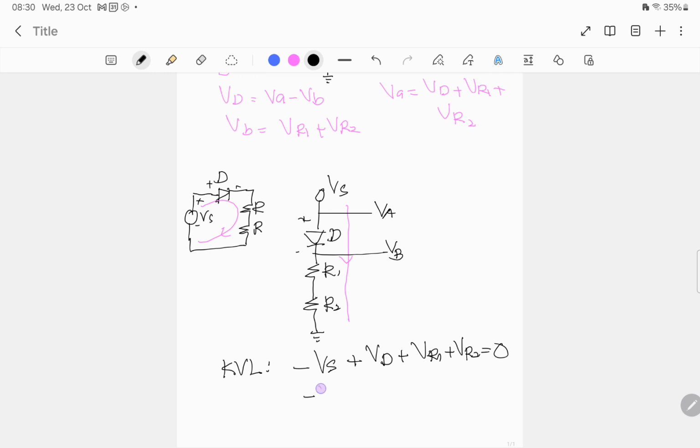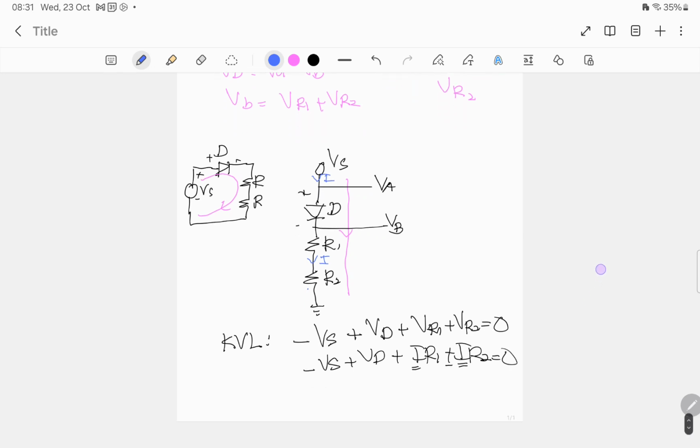Then you can say minus VS plus VD plus IR1 plus IR2 equals 0. The current I in R1 and R2 is the same because it is one path. It carries the same value of current if it is in one path. Meaning the current at the top and the current in the middle have the same value.